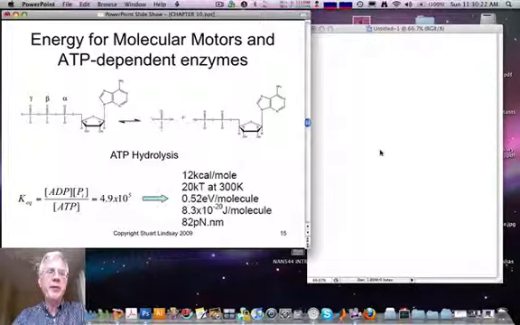These molecular motors require energy, and throughout the cell, energy is supplied to all types of enzymes that require an energy input by this molecule shown here, adenosine triphosphate.